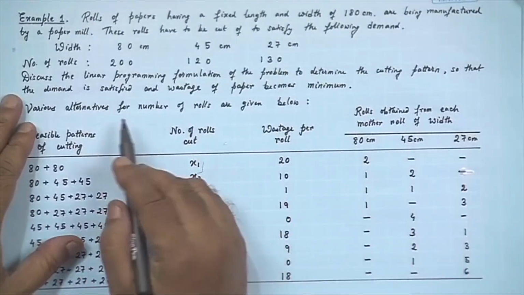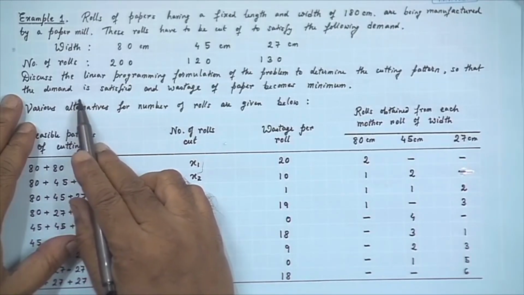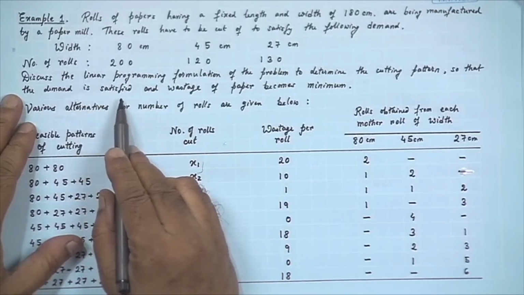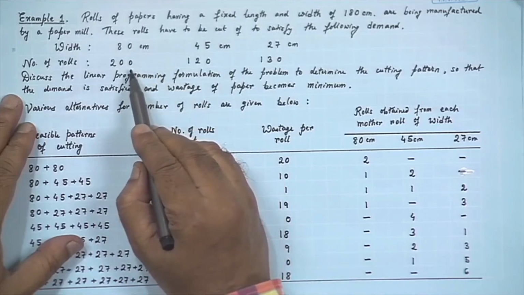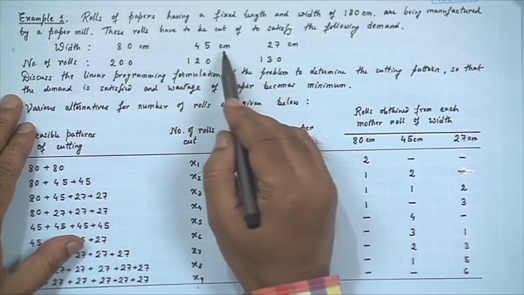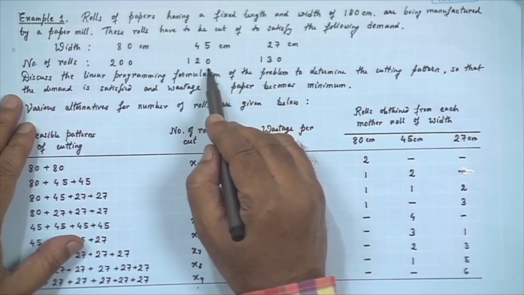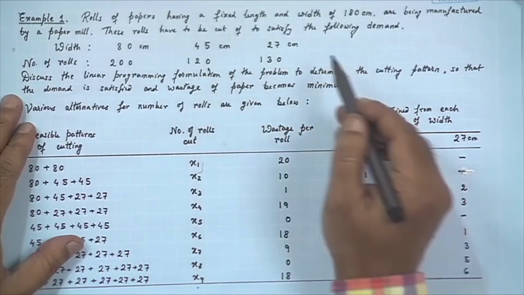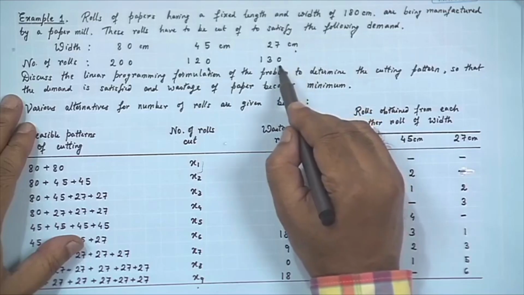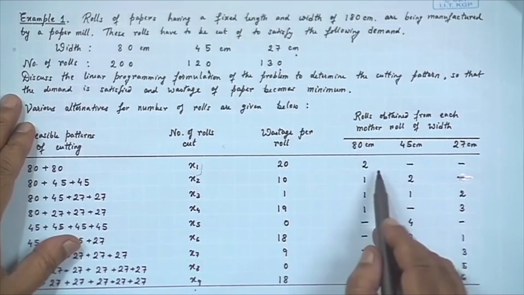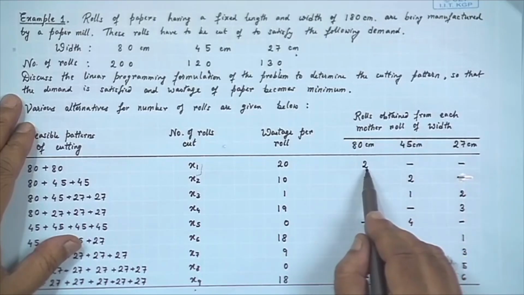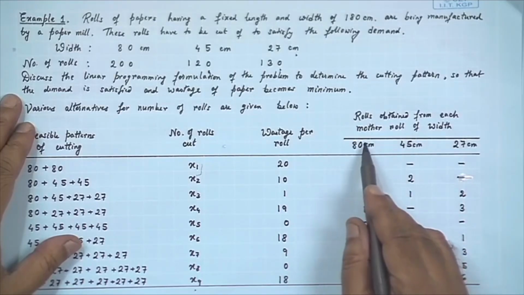The next criterion is that the demand is satisfied, and we know for 80 centimeter I require 200 rolls, for 45 centimeter I need 120 rolls, and for 27 centimeter I need 130 rolls.